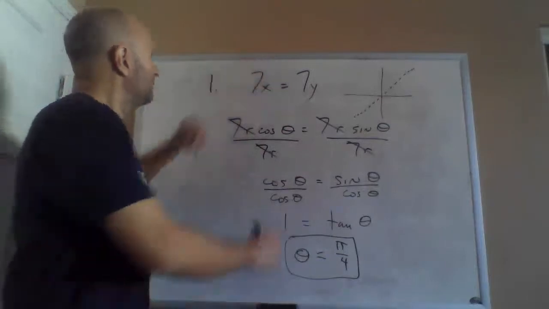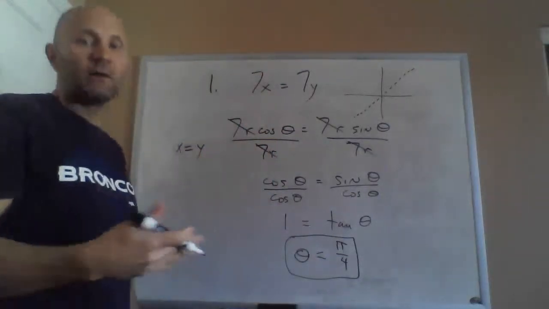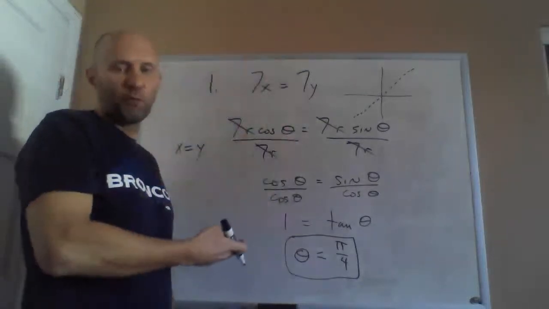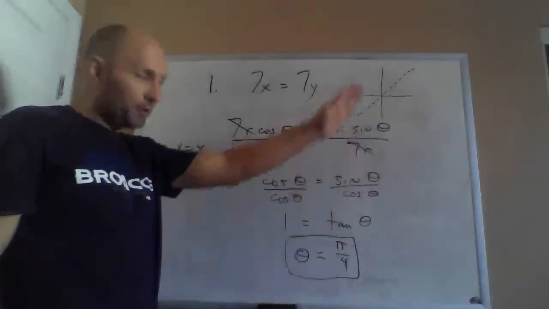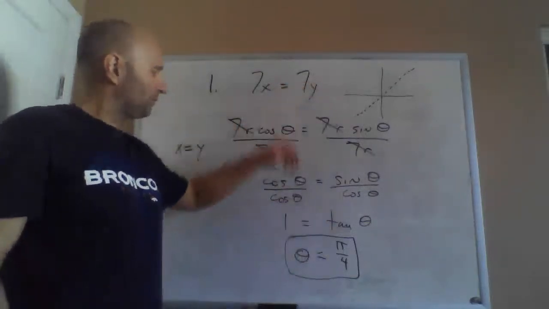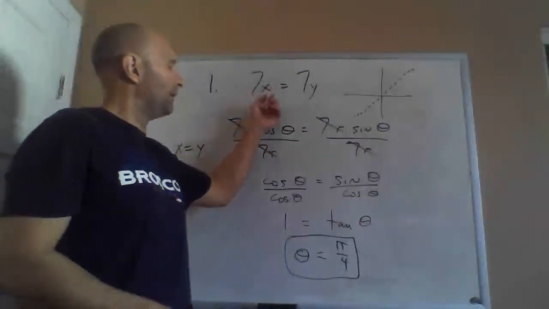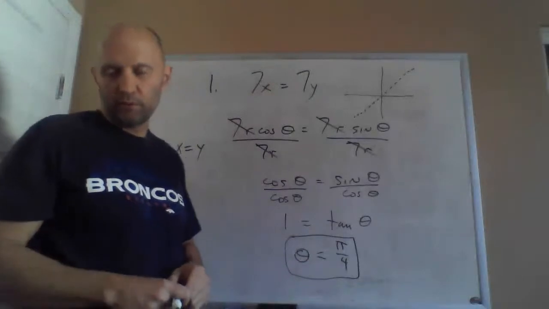Any equation, if I get rid of the 7s, so x equals y or y equals x, that graph on the rectangular coordinate plane is the 45-degree line. What is theta equals pi over 4? That's the 45-degree line. So these two equations represent the same thing. It's just that one is in rectangular coordinates, the other is in polar coordinates.